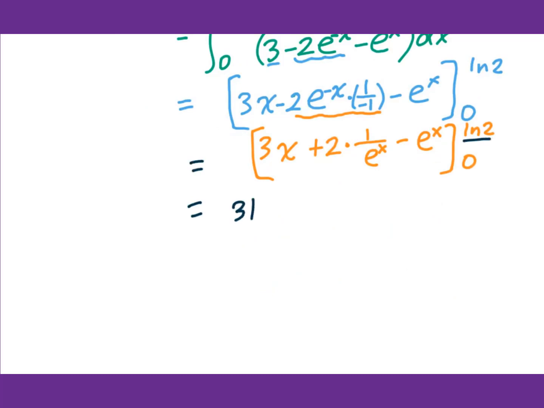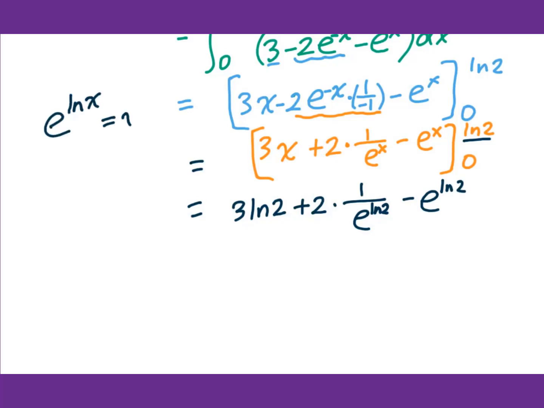So we have 3 natural log of 2 plus 2 times 1 over e to the natural log of 2 minus e to the natural log of 2. When you have e to the natural log of x, that equals x. So e to the natural log of 2 equals 2.